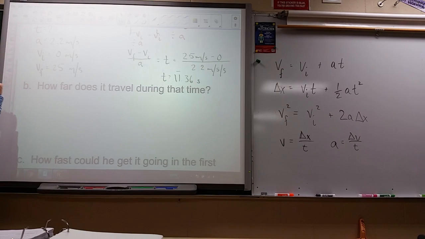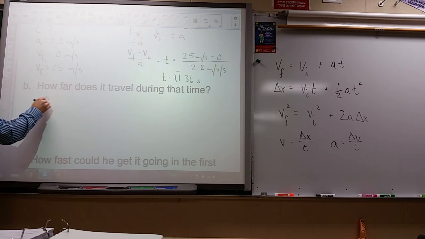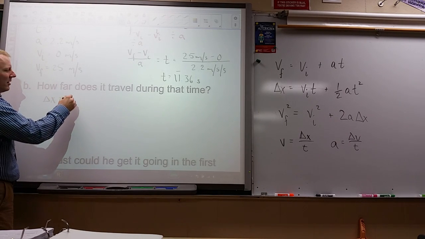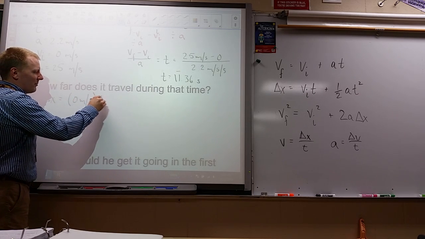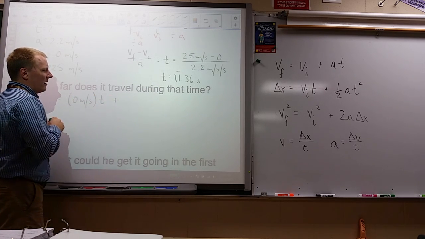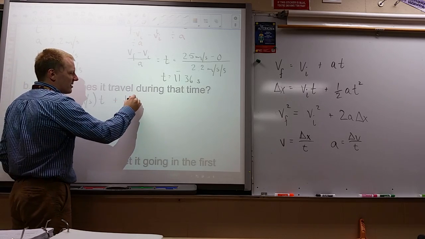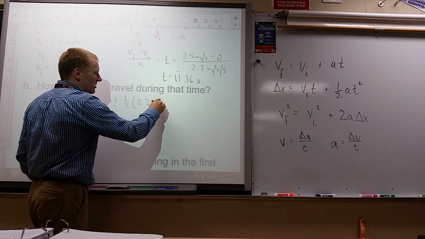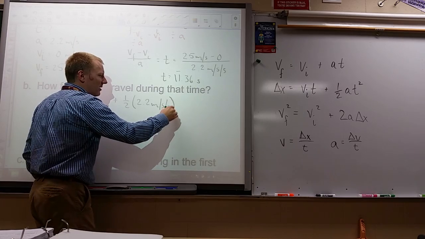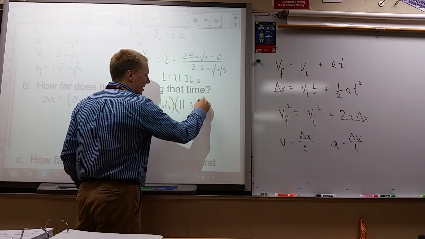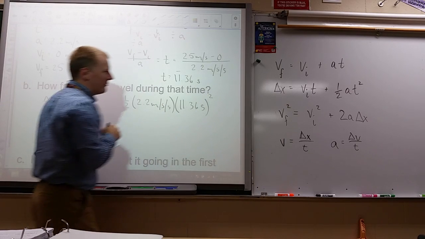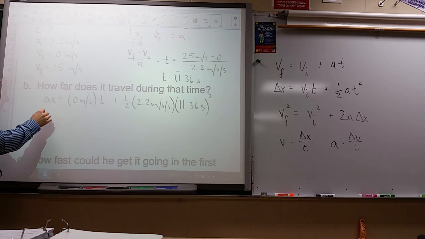So if we quickly do our second equation there, delta x is equal to our initial velocity of 0 meters per second times some time, which I don't even care about, plus 1/2 times his acceleration of 2.2 meters per second squared, times the square of this time.